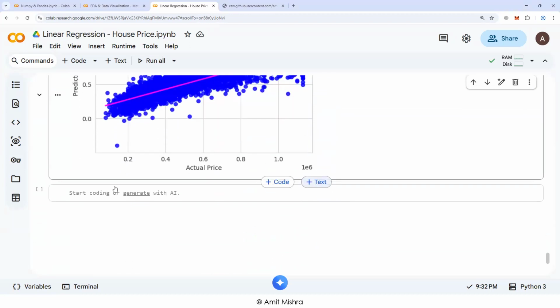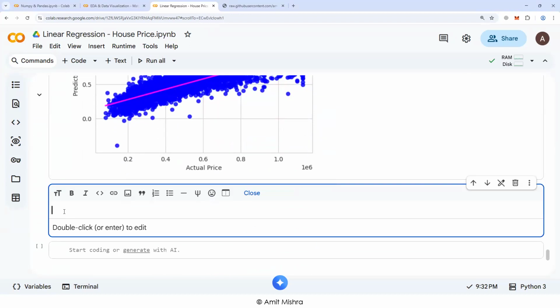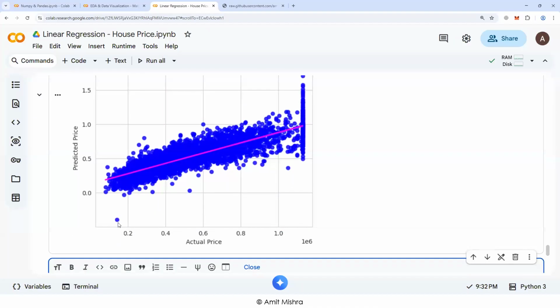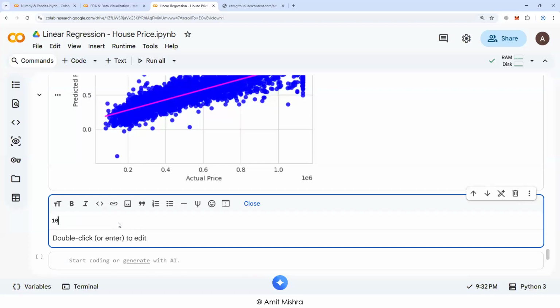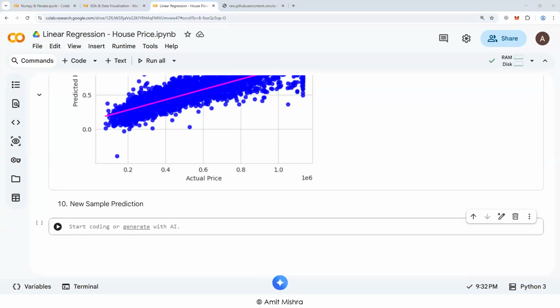Now let's make a prediction for new sample data. New sample prediction. Let's take a new sample data.